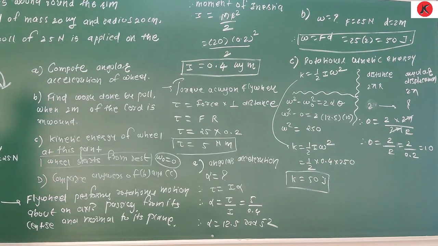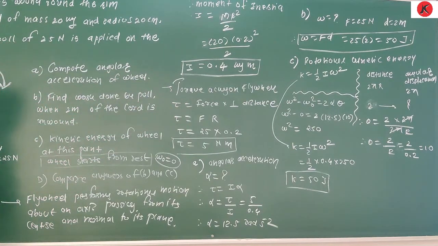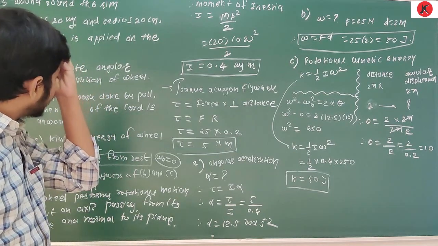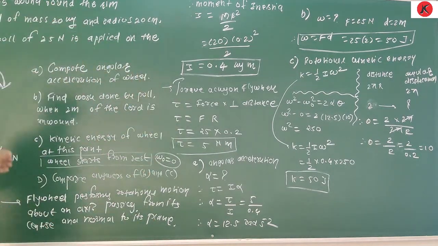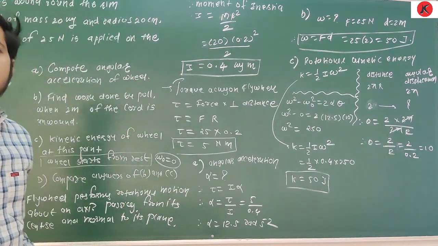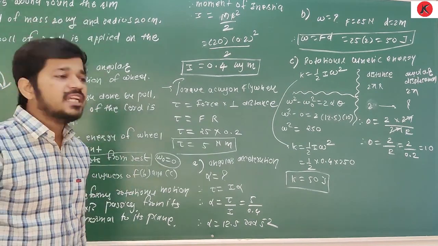Okay, so your last question is to compare the answers of B and C. Question B is to find the work done by the pull when 2 meter of the cord is unwound. Due to that it will perform rotational motion, so you will have kinetic energy. So work done on the flywheel is equal to the kinetic energy gained by the flywheel.